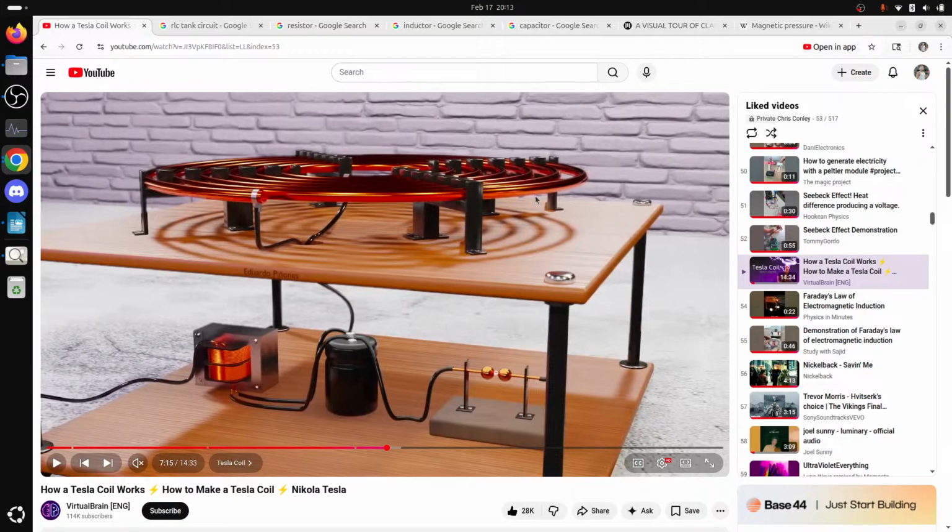This thing is turning this magnetic field on and off in the megahertz range, radio frequencies. It's very fast, tens of thousands of times a second. For all intents and purposes, practically instant.